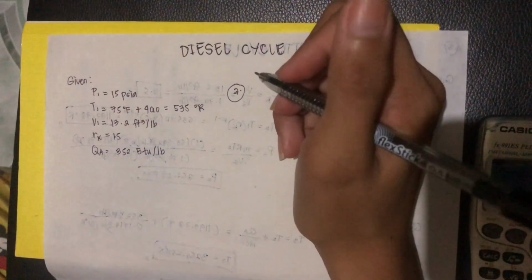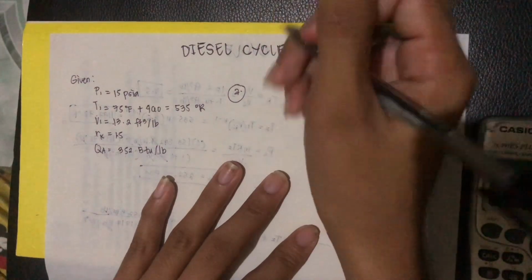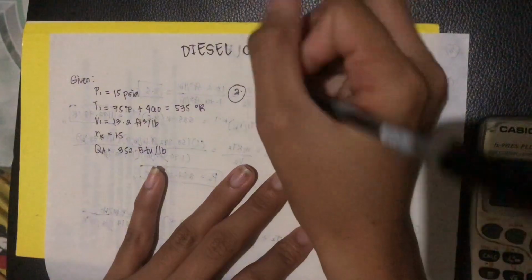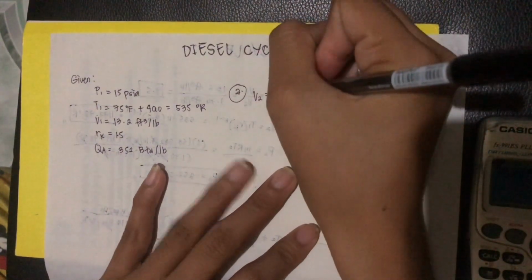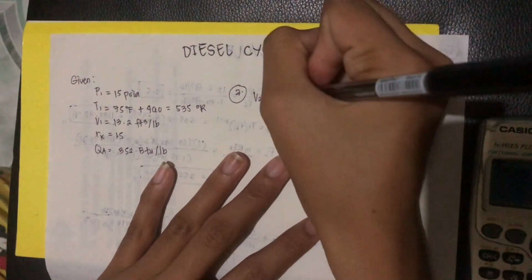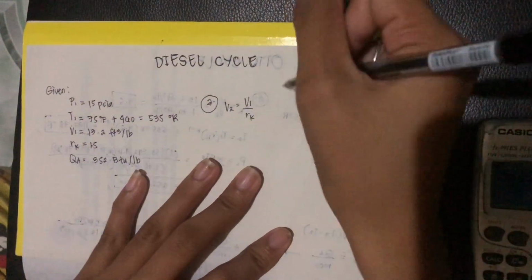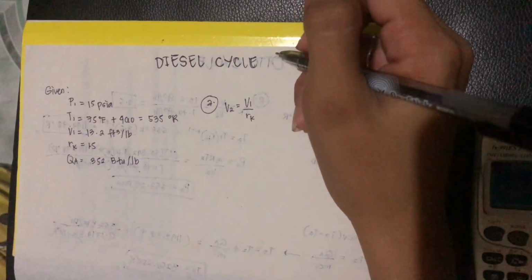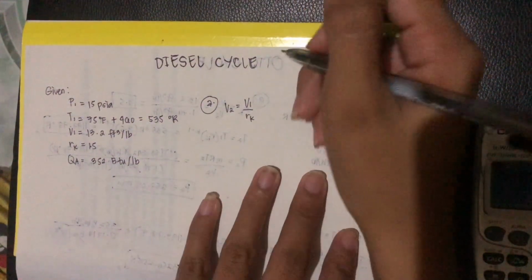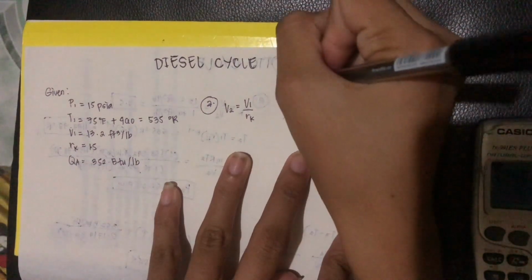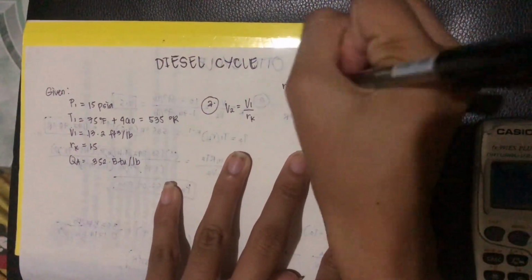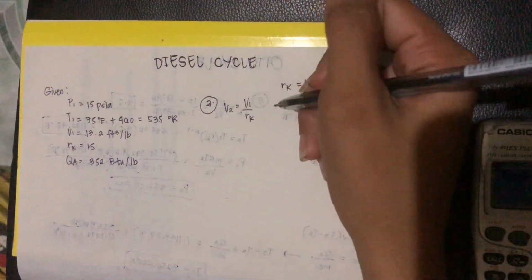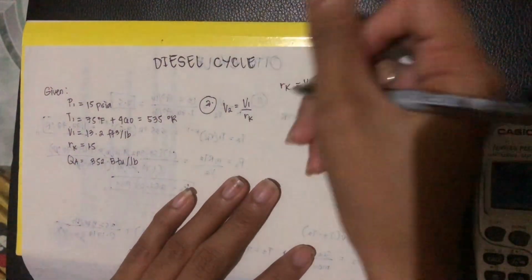So first, let's find V2. V2 is equal to V1 over RK. This comes from the compression ratio, where RK is equal to V1 over V2. We transposed it, so V2 is equal to V1 over RK. So we just substitute.